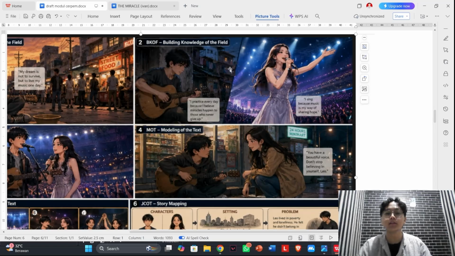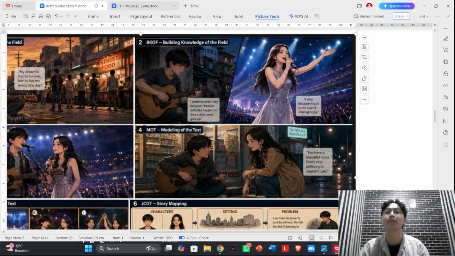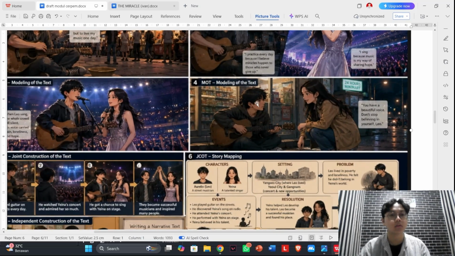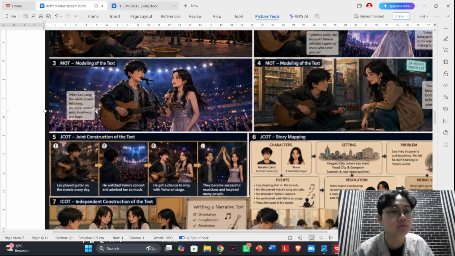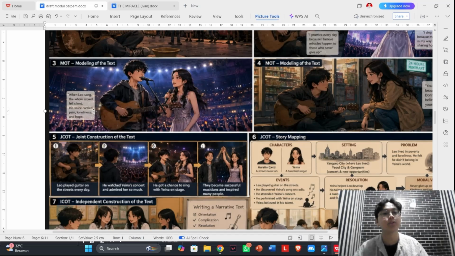And in contrast to Leo, Yeina said, I sing because music is my way of sharing hope. And then the next is the MOT: when Leo sang, the whole crowd fell silent. His voice carried pain, loneliness, and hope.